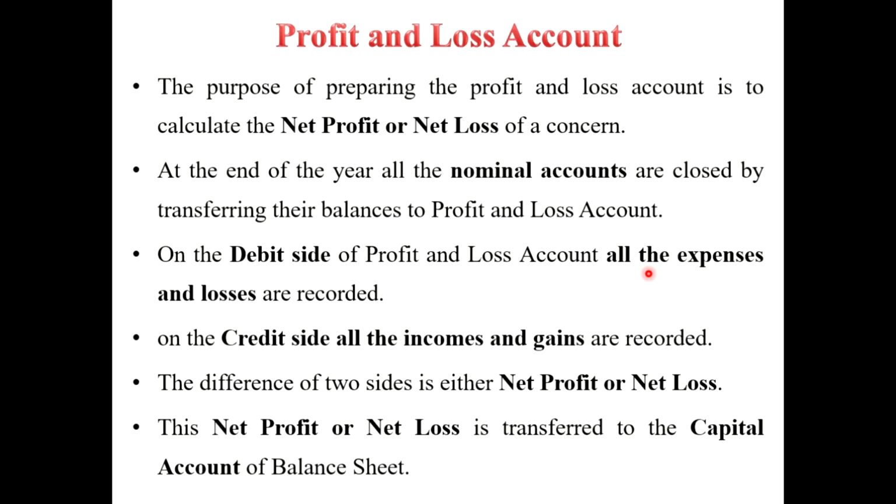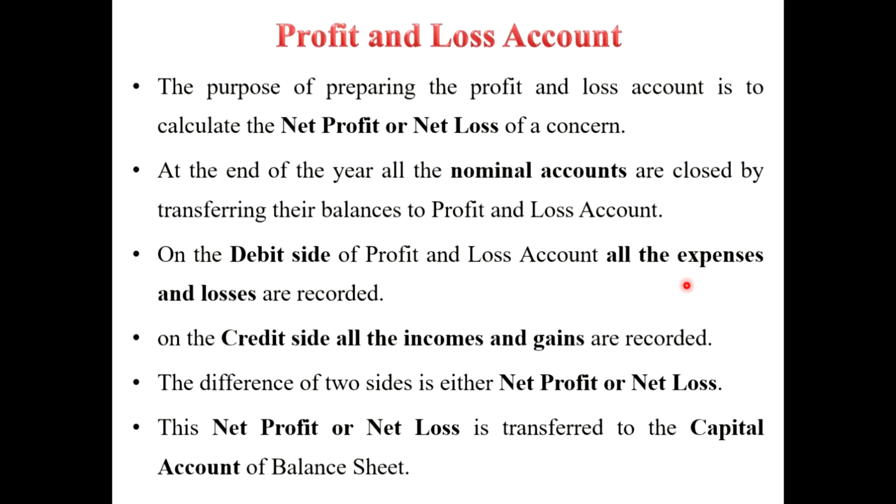Other than these expenses, we call them indirect expenses. These expenses assist the manufacturing process. Those expenses we record on the debit side of the profit and loss account. These expenses are again of two types, operating expenses and non-operating expenses.